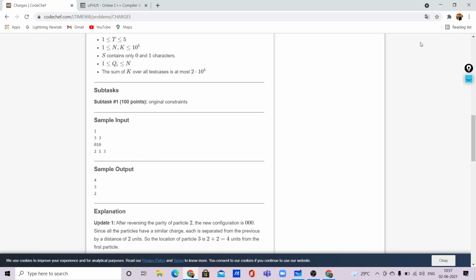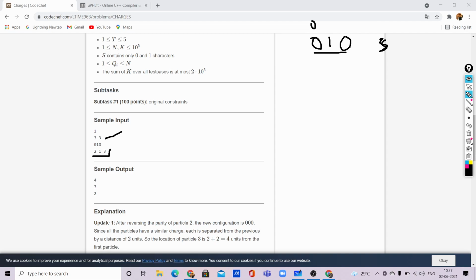What is given is, sorry, he has given 1 0 1, not 0 1 0. He has given 0 1 0 as the string, and he has given n comma k as 3 comma 3. 3 is the size of the string, and 3 is the array length of the q array, where we have to update each time.